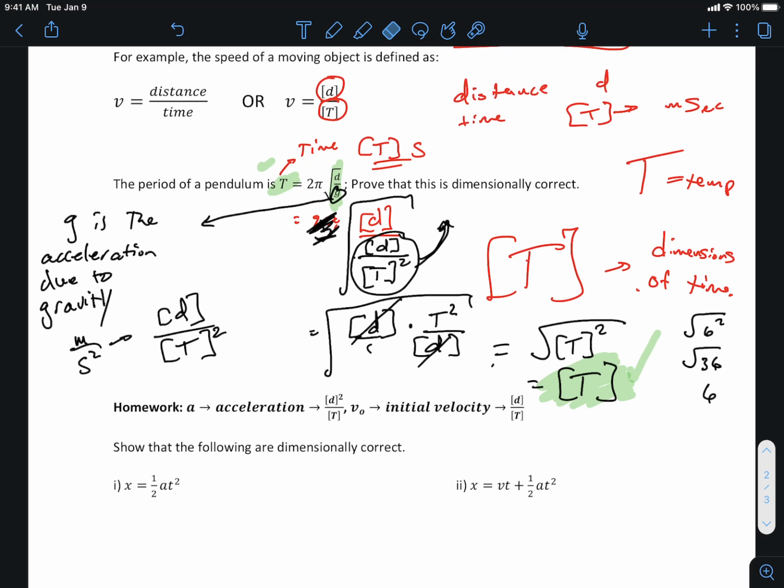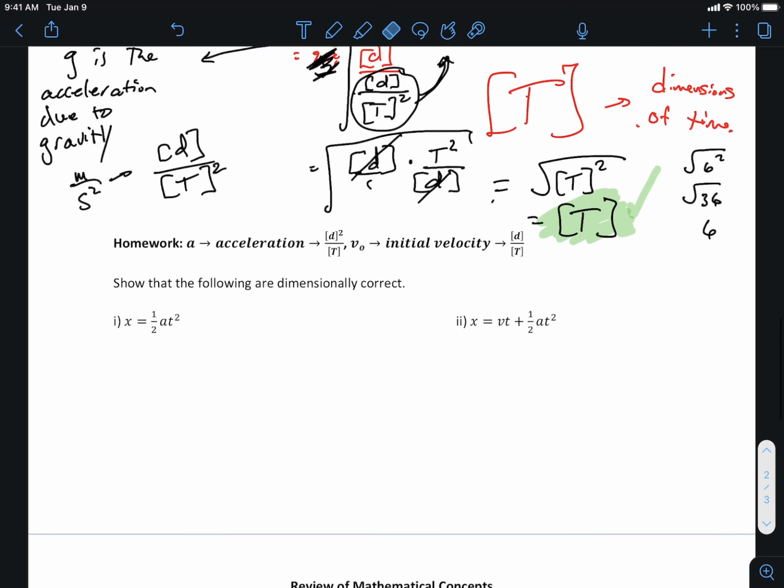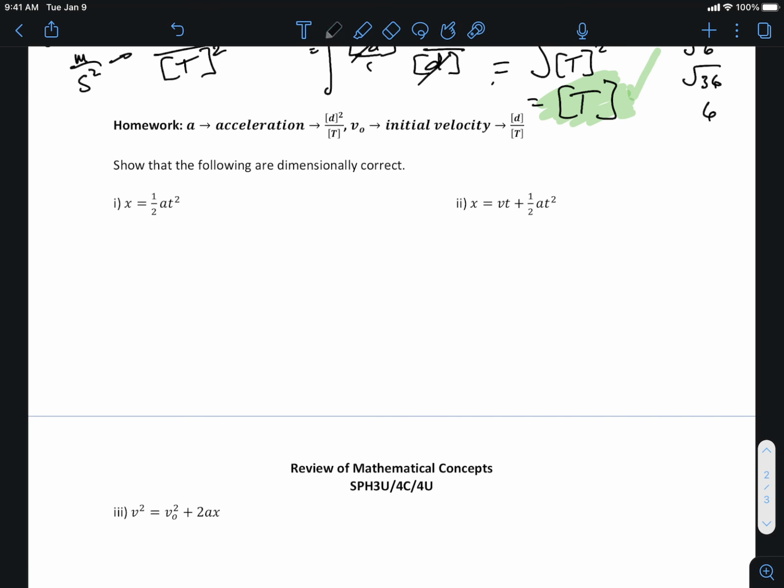2 pi. Oh, the 2 pi is just, what is 2 pi? 2 pi is just a number, right? You wouldn't tell me that 2 times pi would be 6.28 meters per second or anything like that, right?